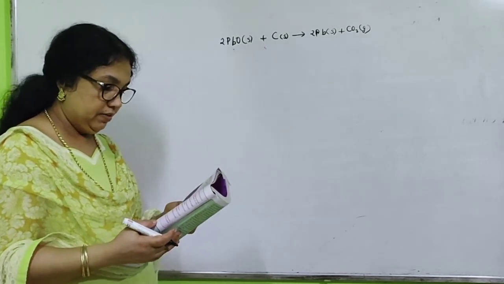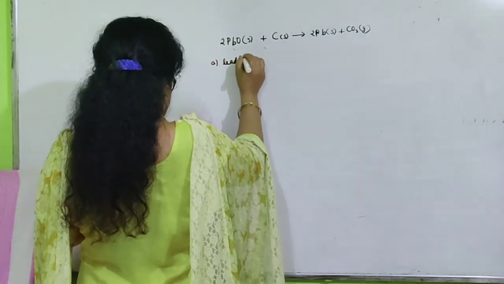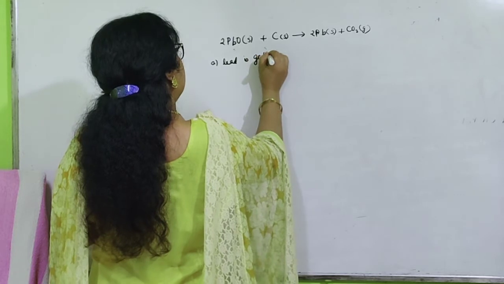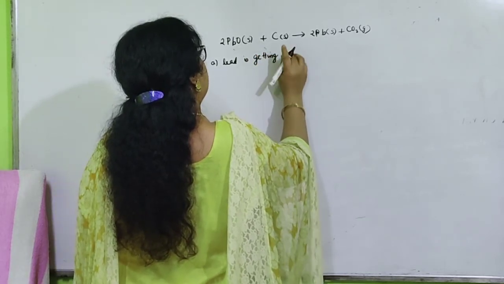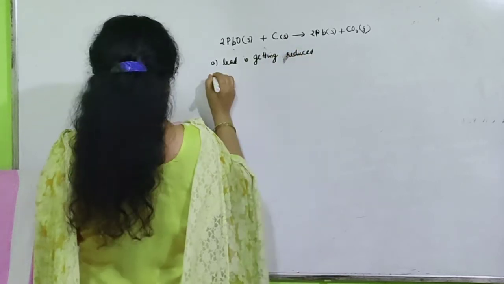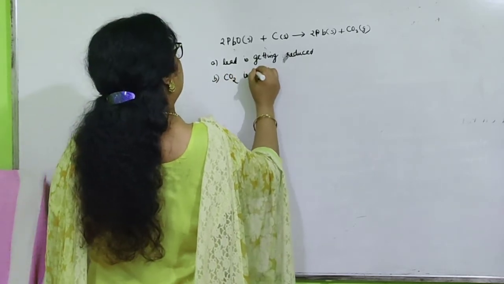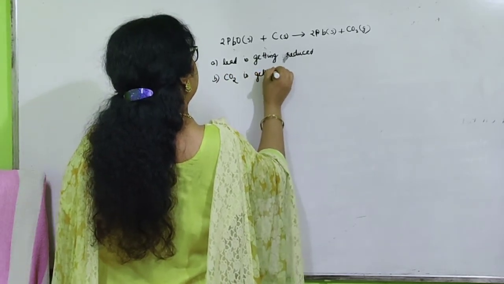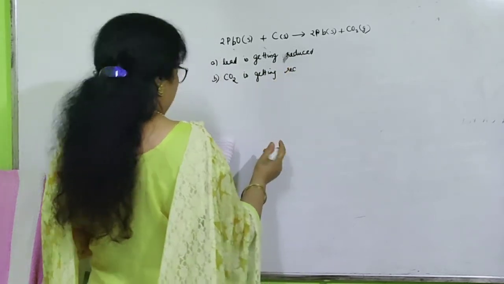Here first it is given that lead is getting reduced. Second, carbon dioxide is getting reduced. No, getting oxidized.